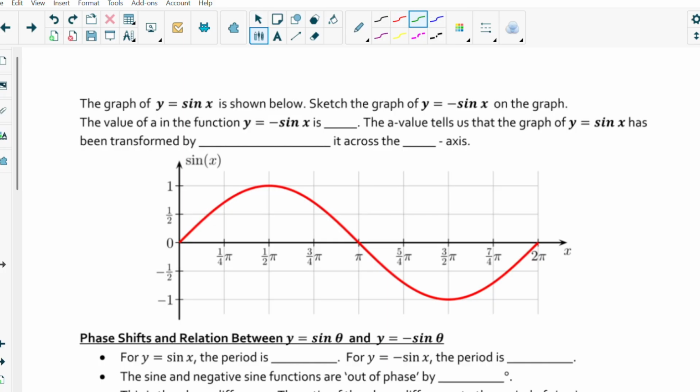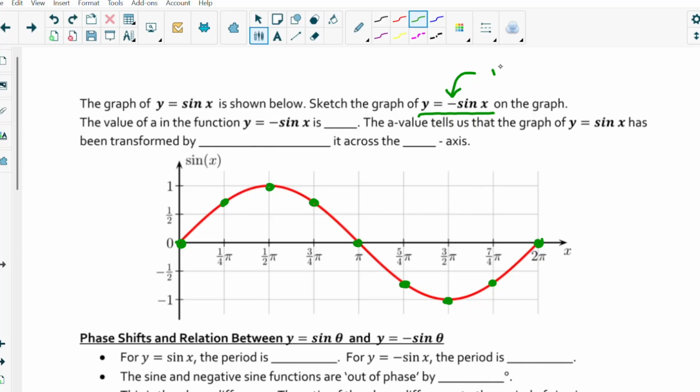Okay, the graph of y equals sine of x is shown below. Sketch the graph of y equals negative sine of x on the graph. Well, I'm going to take some key points here, and then I'm going to multiply by -1 and reflect it. How do I know that?